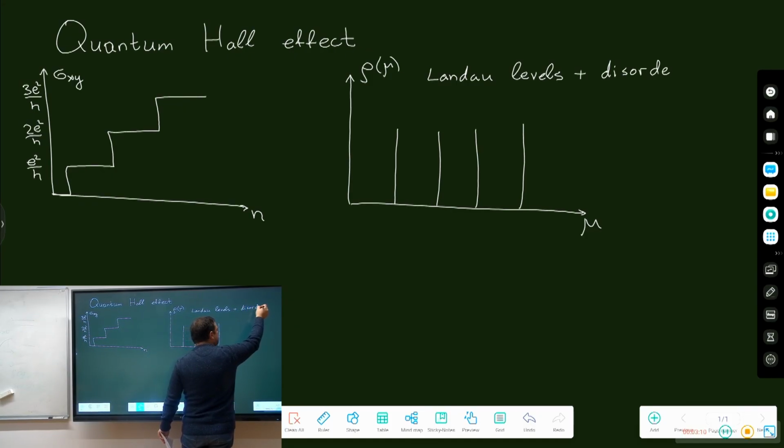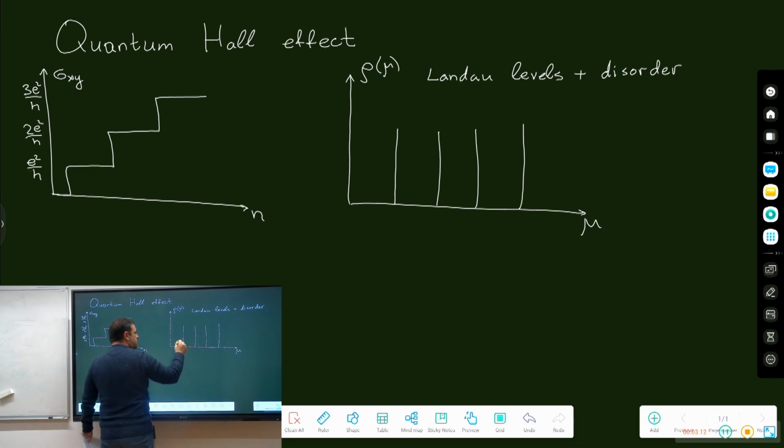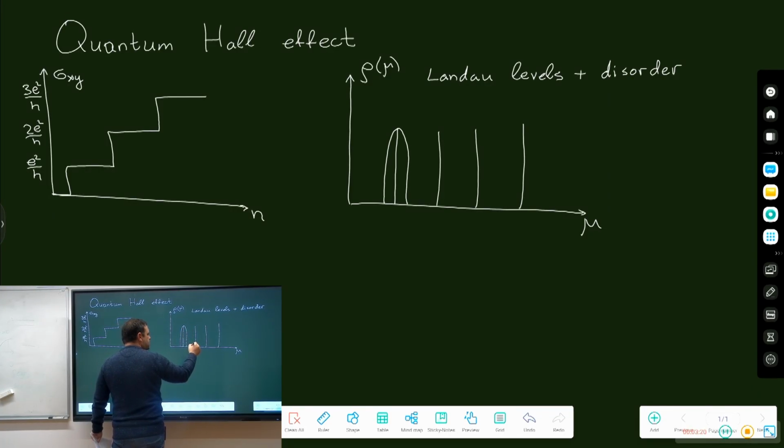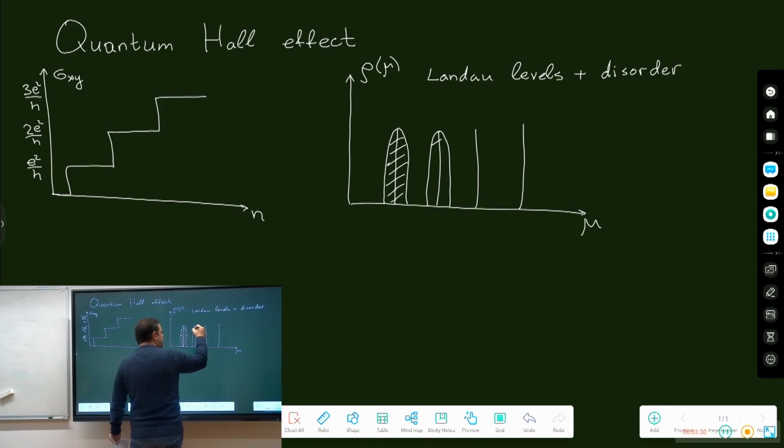And the effect of disorder is the following. First, it gives some thickness to every Landau level, so it's a whole, if you like, band, some energy window with all these states. These are all available electron states.